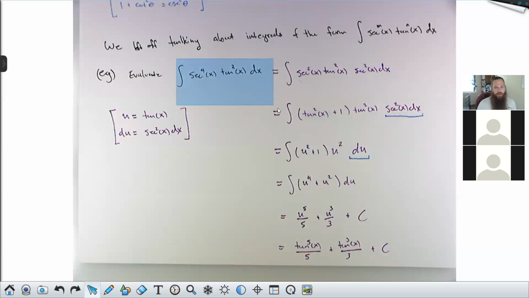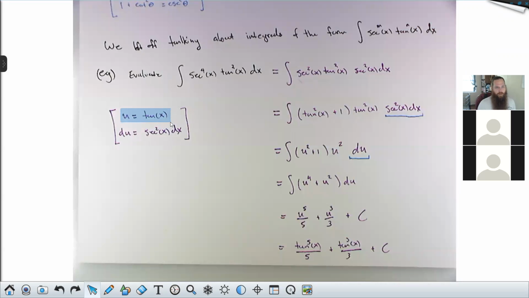So when we come up with that strategy, when I say the power of secant is even, that means we're going to sub for tangent. What we're thinking in the back of our brain is that 2 of these will go away when I make the substitution. Since this is an even number, when you subtract 2 from that, you'll still have another even number. That's good because I can always rewrite an even power of secant as tangent stuff. And that's what we need, right?